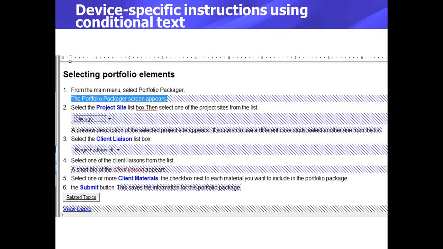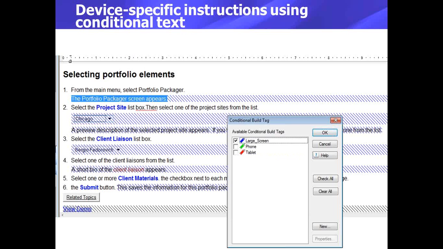And what you see in here is all of the possible information that might be presented, but then I'm going to go and select information to only be relevant to certain types of devices, whether that's a large screen or a phone or a tablet or however I want to identify that.